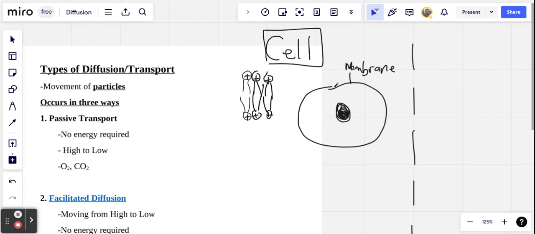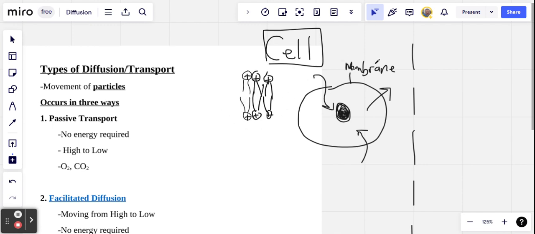But still the cell needs to get things into the cell. Like there's certain things like nutrients. The cell produces energy through mitochondria, so materials have to get in for that. And also waste in the cell, and when the cell makes proteins, those things have to get out. Okay, so the cell membrane has to have a way to allow that, right?